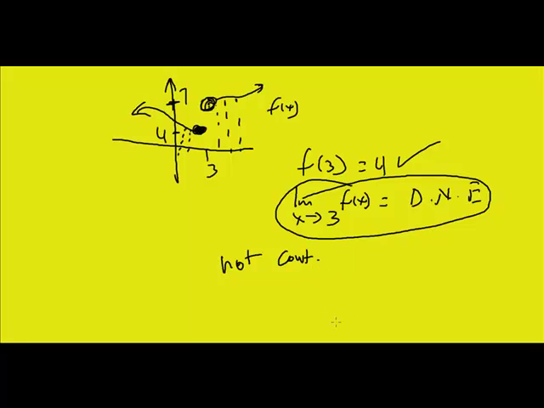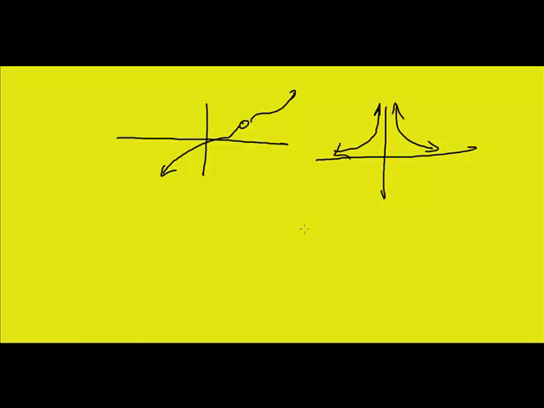So you can have all kinds of discontinuities, and let's go over that real quick. When you have a hole in the graph, that is known as a removable discontinuity. When you have a vertical asymptote, that is known as a non-removable discontinuity. And when you have a curve that goes to one place from one side and a different place on the other side, this is known as a jump discontinuity because it jumps.